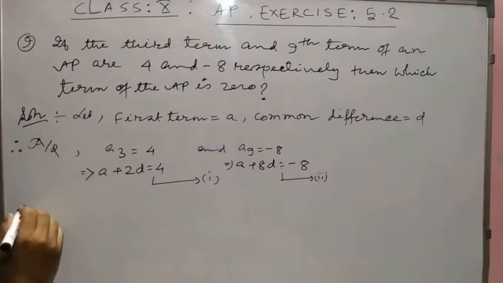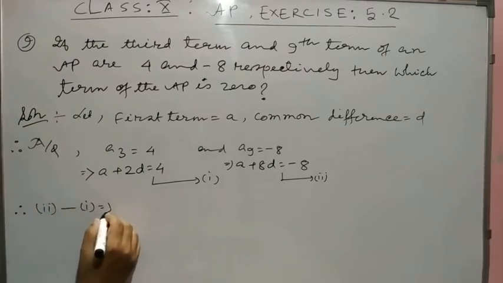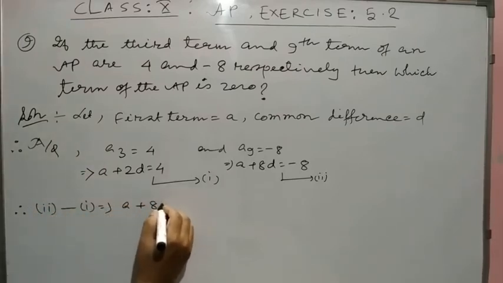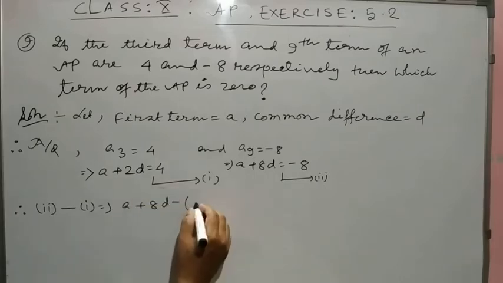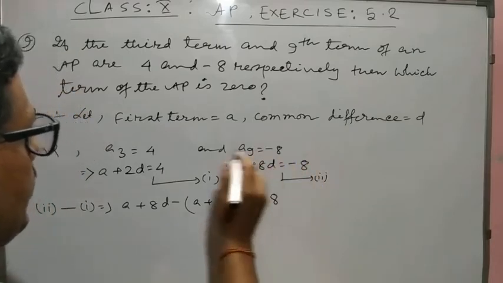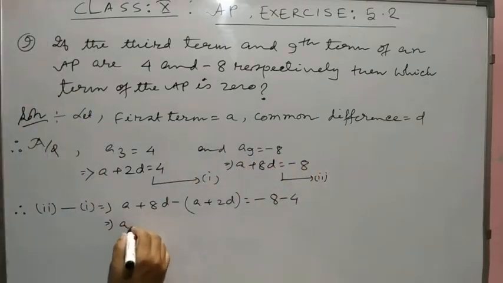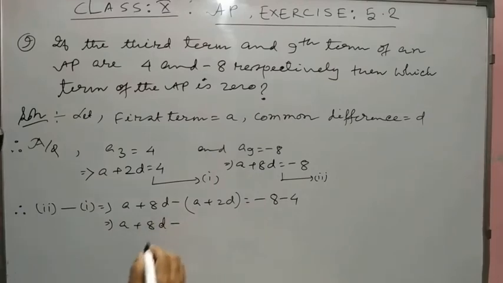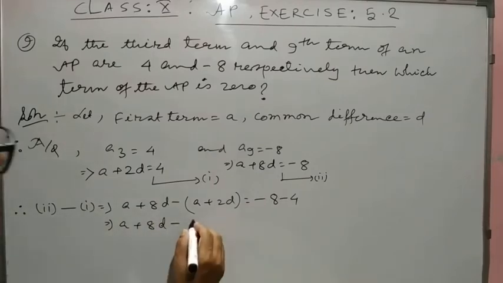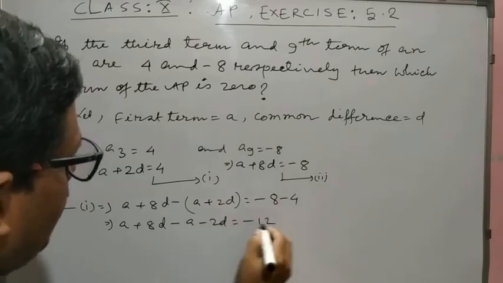Now let us solve again. Therefore 2 minus 1 implies that (A plus 8D) minus (A plus 2D) equals minus 8 minus 4. So it will be A plus 8D minus A minus 2D equals minus 12.